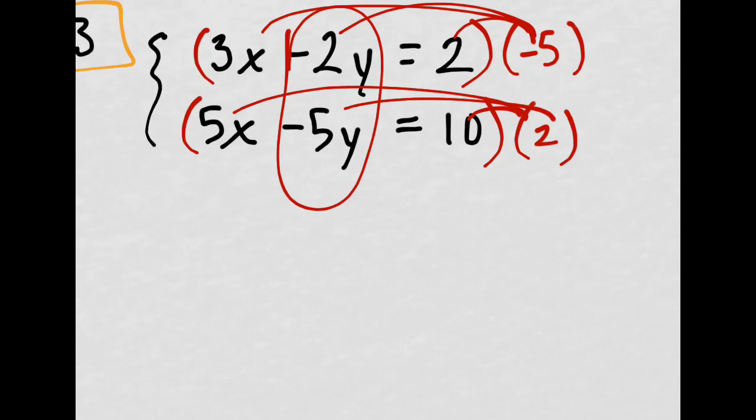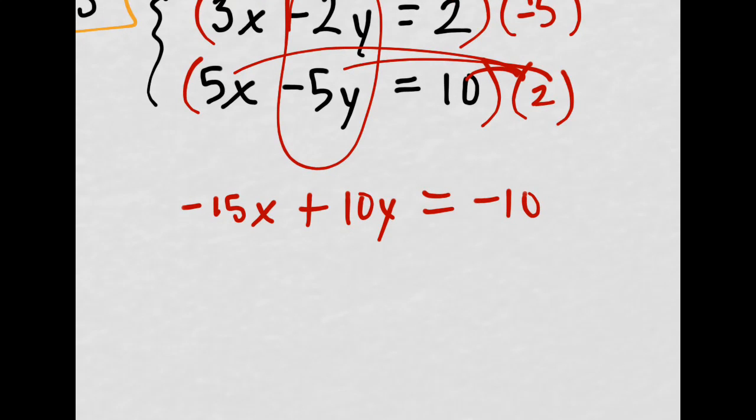So I'll distribute the -5. So in the top equation, I get -15x plus 10y. -2 times -5 is +10. And then -10. Right? Okay. And then in the bottom, I'll get +10x, right? 2 times 5 is 10. 2 times -5 is -10.